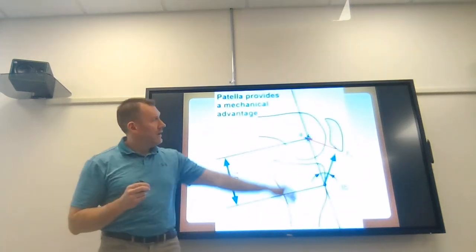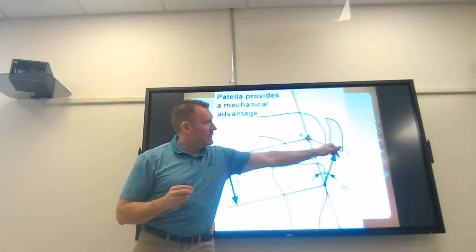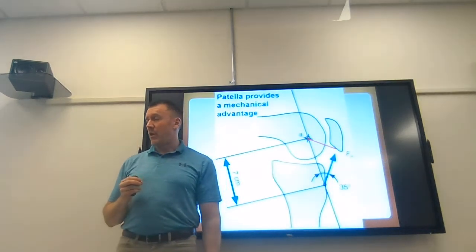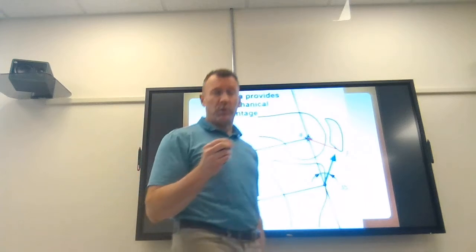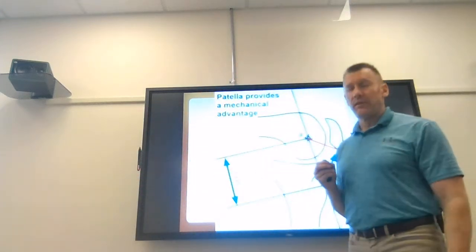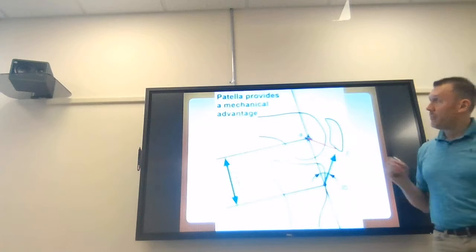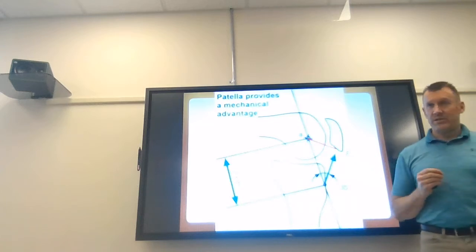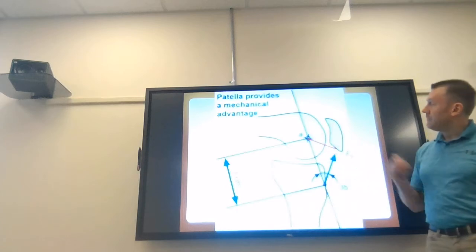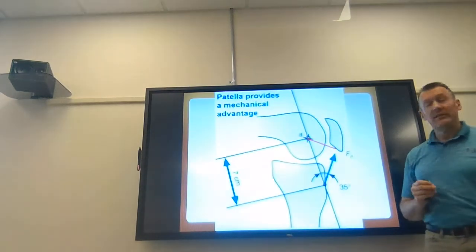So because our moment arm here is lengthened just a little bit, the quadriceps has greater torque. So the force from the quadriceps combined with the length of the moment arm here would give the quadriceps more of an advantage. So lengthening the moment arm through the patella.